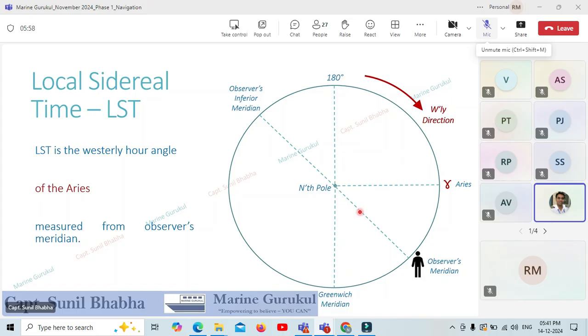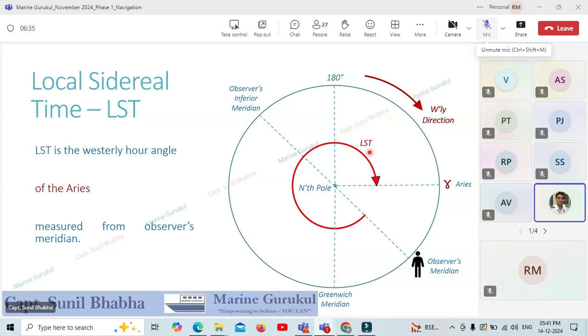We need to take our reference from the observer's meridian, go in the westerly direction up to Aries. So from the observer's meridian, measuring the angle in the westerly direction up to the celestial meridian of Aries, this is what we call LST, local sidereal time.